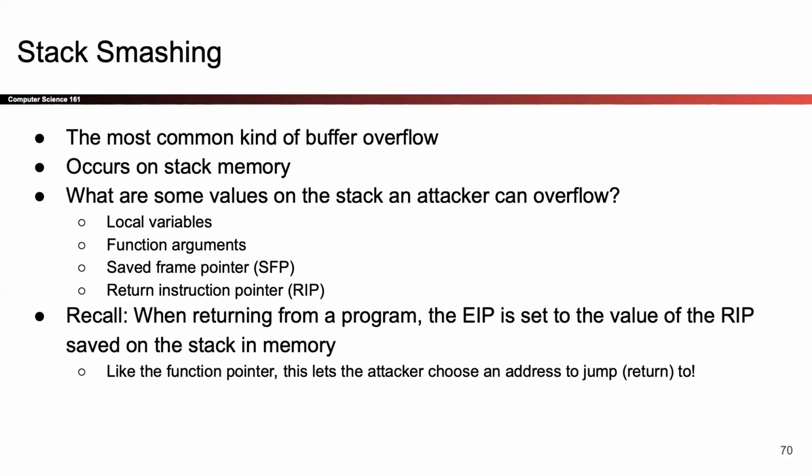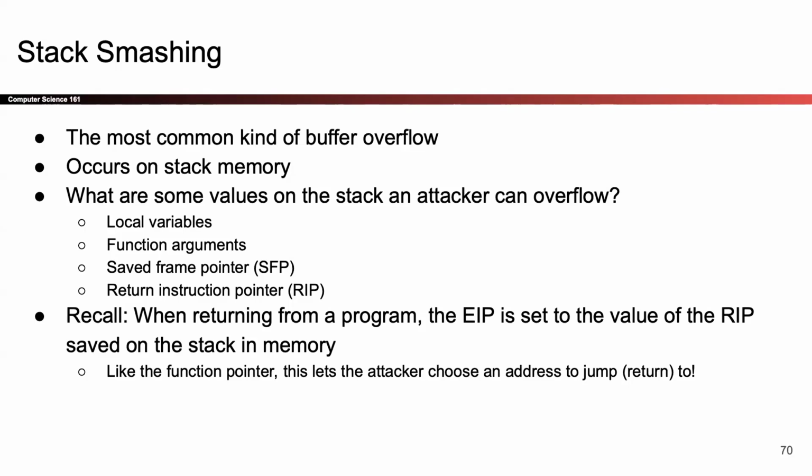In that case, the attacker can start overwriting stuff after the end of that array. What's some other stuff that's also on the stack that might be after that array? All the things we've been talking about that are on the stack: SFP, RIP, local variables, arguments, all that could be overwritten.